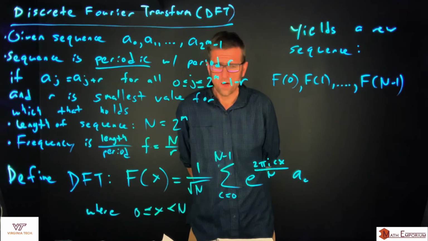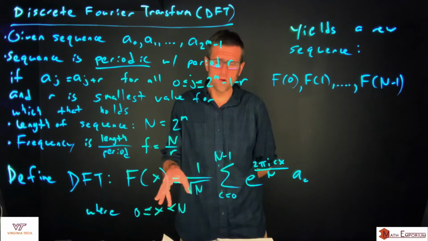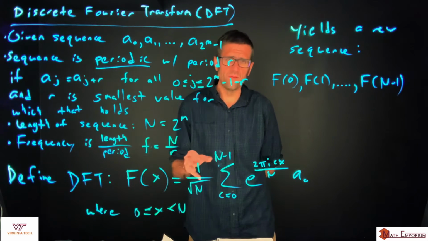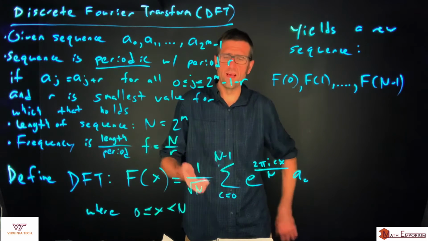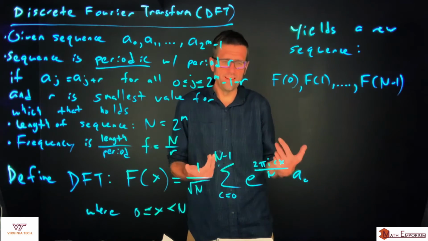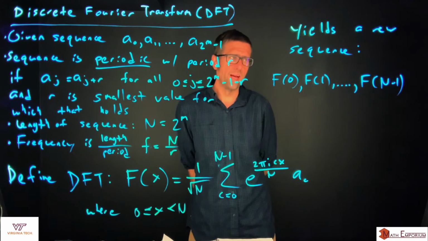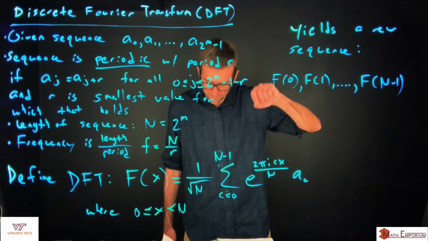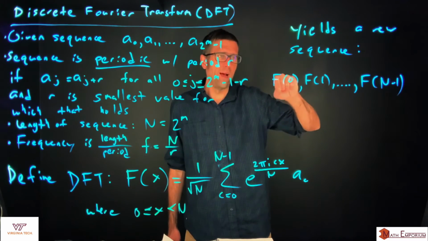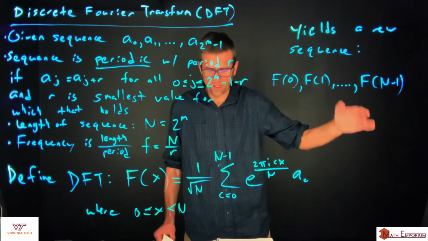The way this is set up, I won't go into too many of the details here, because if you've seen Fourier transforms in some other course, then you've seen the details of why this works. But basically it's a way of finding peaks that are going to happen at multiples of the frequency.